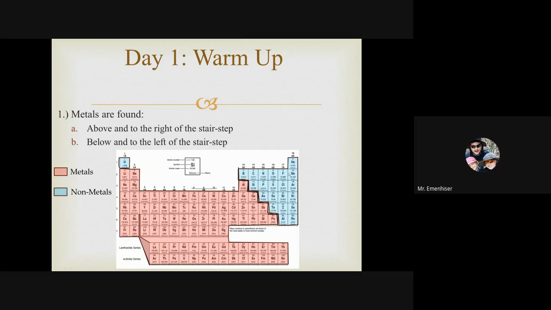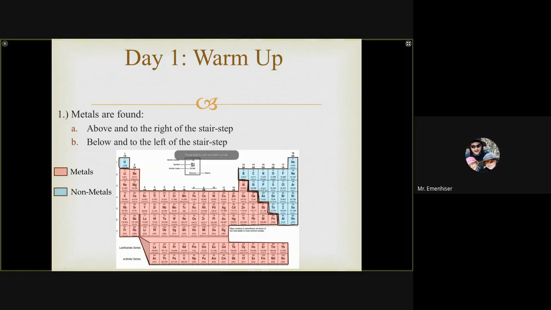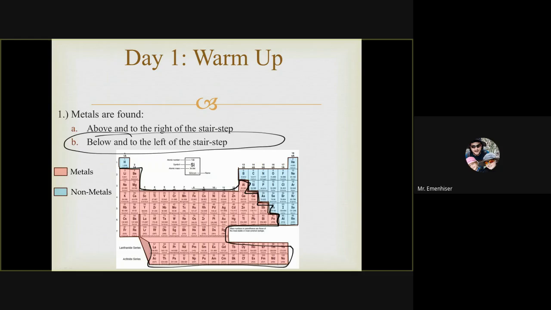Notice that the metals are in the pink and they are below the stair step and to the left. So our answer here is B. Below and to the left of the stair step. Here's our metals.